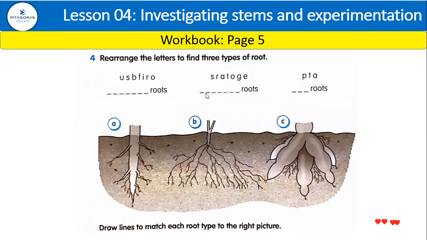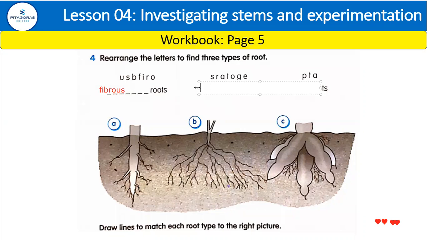For example, the first one is the fibrous root. And what type of root is this? Because you have to rearrange the 3 types of roots.